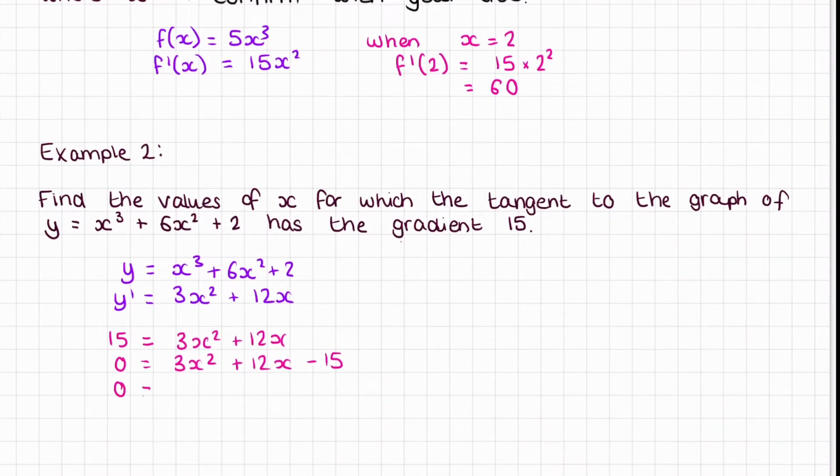First step I would do would be to divide everything by 3, and then I can factorise. (x + 5)(x - 1), which means our x values can be x = -5 or x = 1. Then you notice in the question as well, I wrote find the values, which tends to suggest there will be more than one solution.